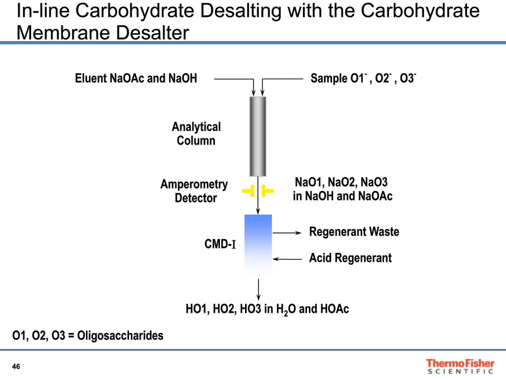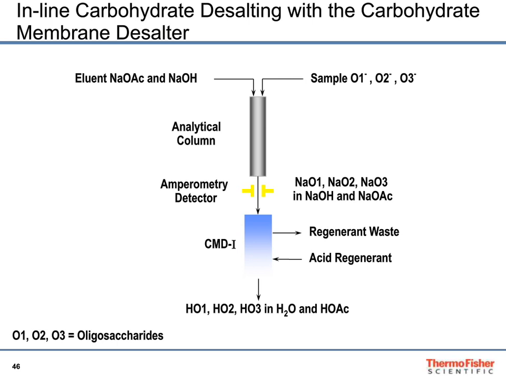This device is based on our suppression technology from ion chromatography. We add an acid regenerant across a membrane, and what that does is it exchanges the sodium ion with hydronium, so we end up having oligosaccharides with a hydronium rather than a sodium, and we end up with weak acetic acid and water.